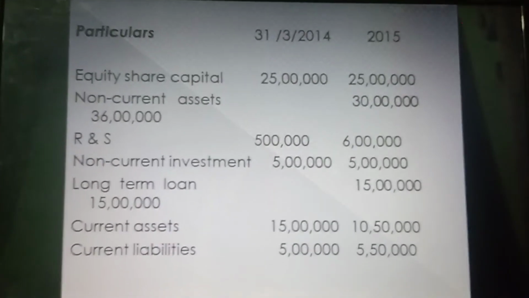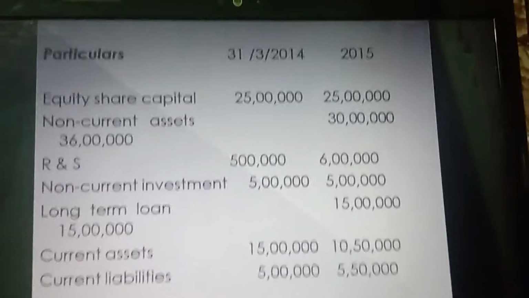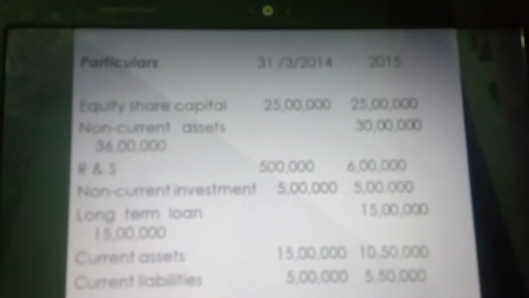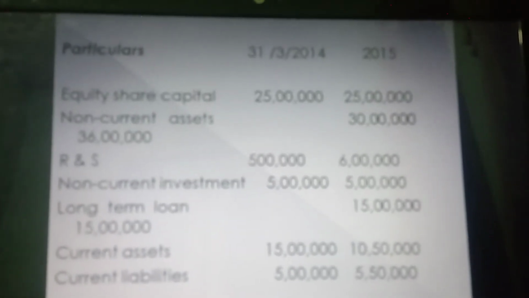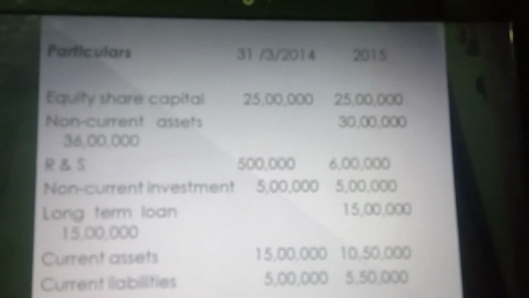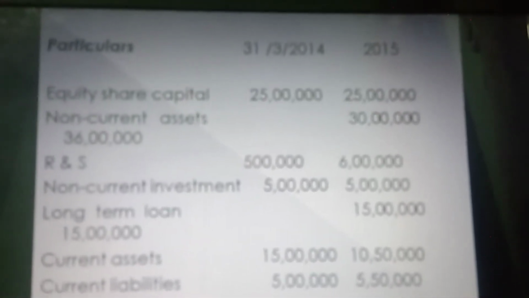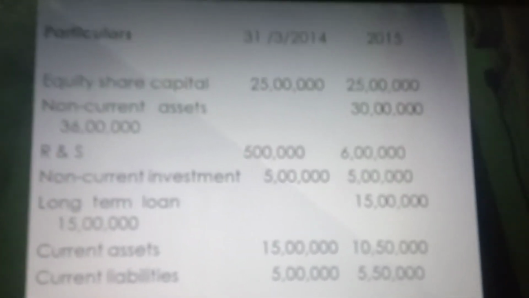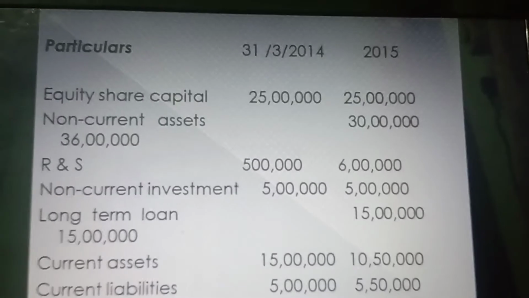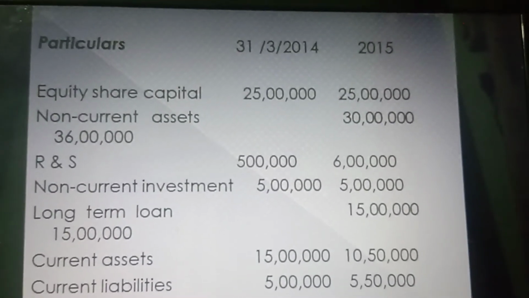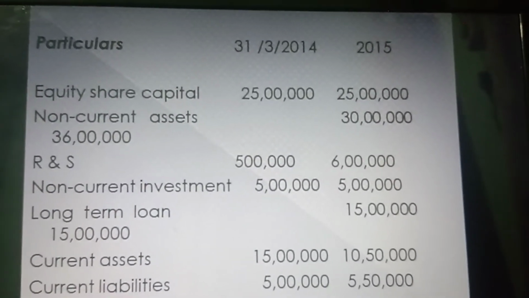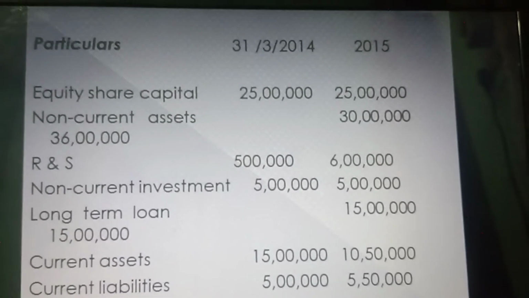Next, here you can see a balance sheet of a company where the particulars are given. The previous year is 31st March 2014, and the current year is 2015, where you can see the equity share capital is given as 25 lakh in both years. Non-current assets are 30 lakh and 36 lakh.